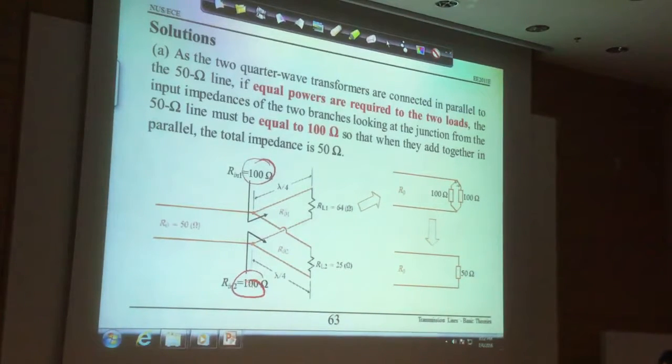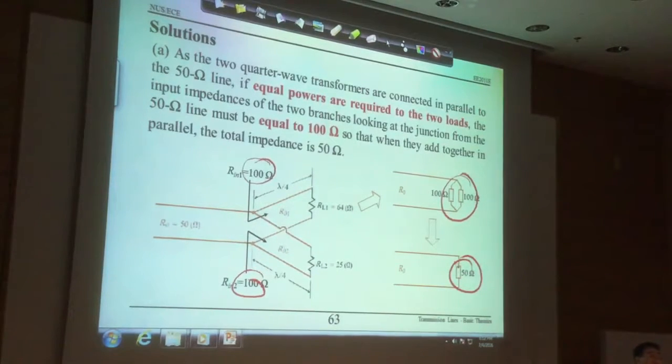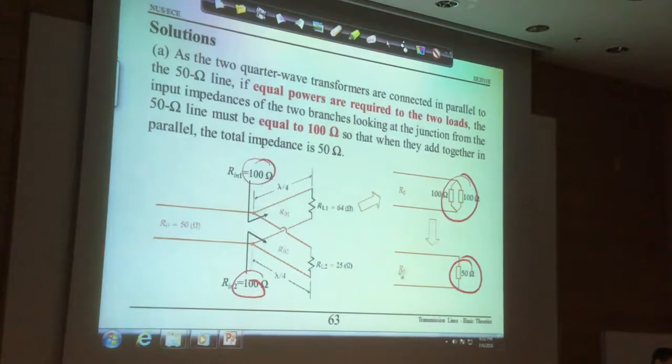So with 50 ohm, on the main transmission line there is no reflection, right? As just mentioned, when this is equal to the characteristic impedance, then there is no reflection. Okay, so then next step.